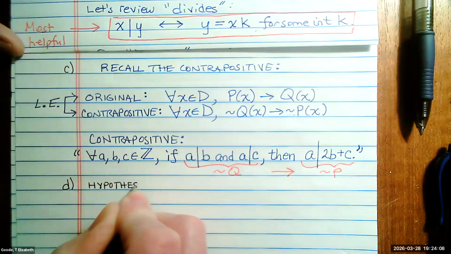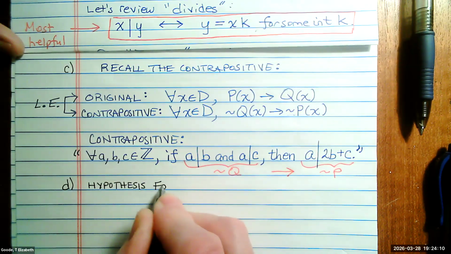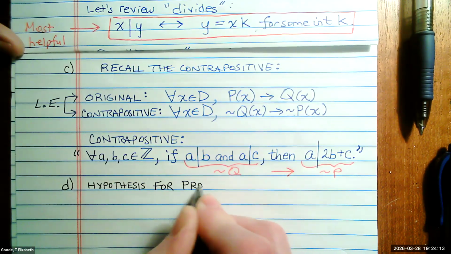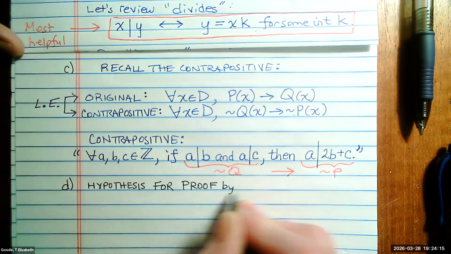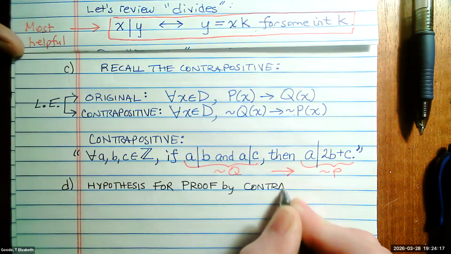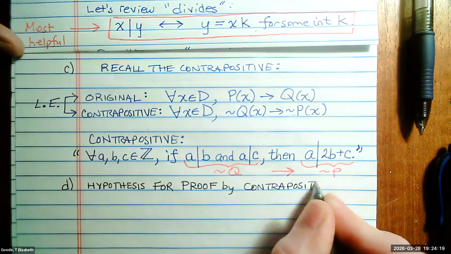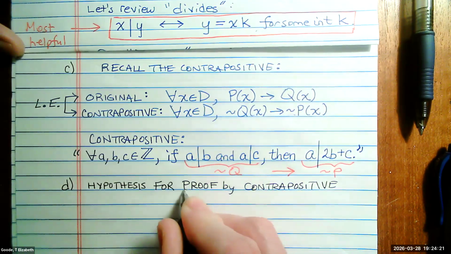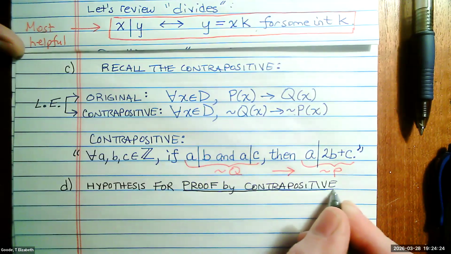So we want to write the hypothesis for proof by contrapositive. What should we assume?